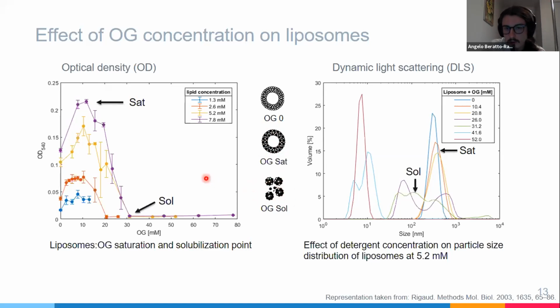This was also contrasted by this DLS graph, where we can see how the size distribution of the liposomes is affected by the detergent when the liposomes get saturated, when they get solubilized, and when the signal is completely dominated by detergent micelles.